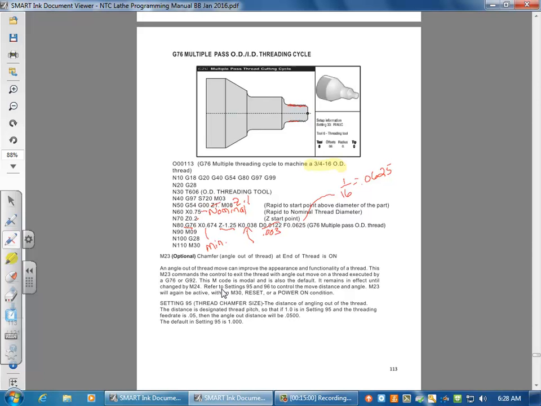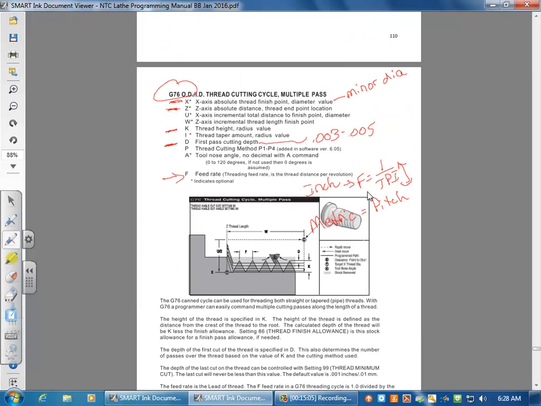Okay? But that K value, what does that K value stand for? I'm going to jump back up here. So that K value is a thread height. So basically where you come up with that is your nominal size minus your minor diameter divided by 2, because it's a thread height.